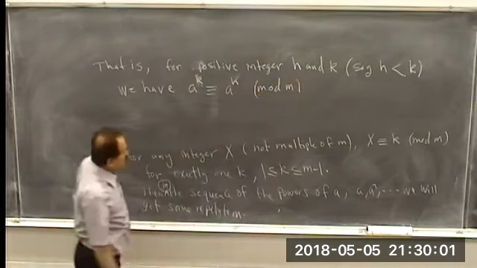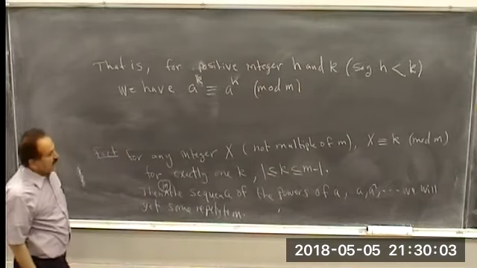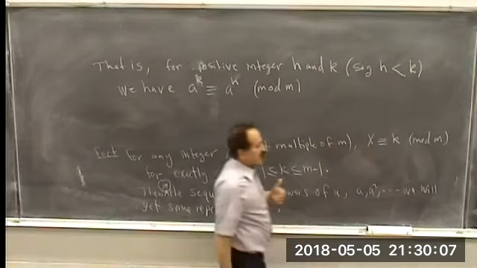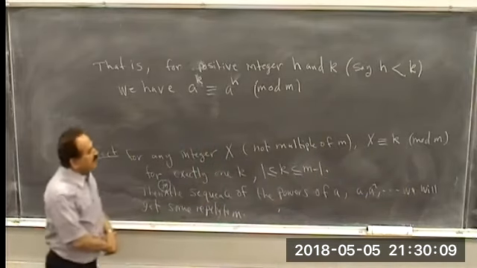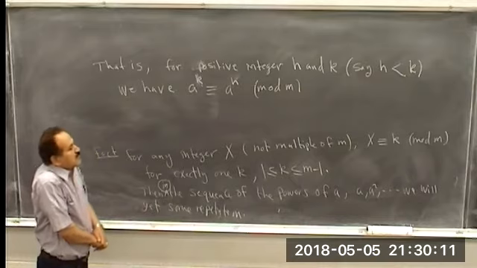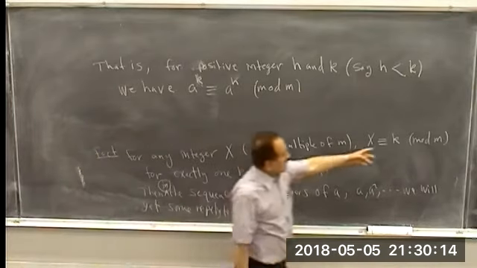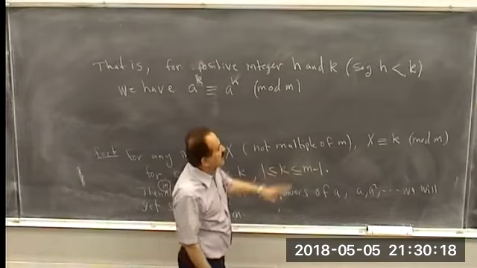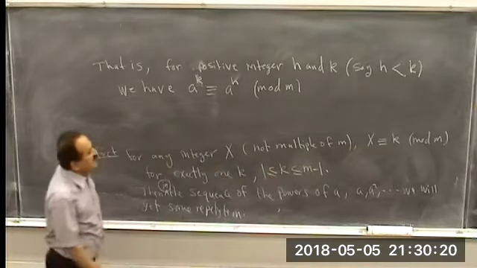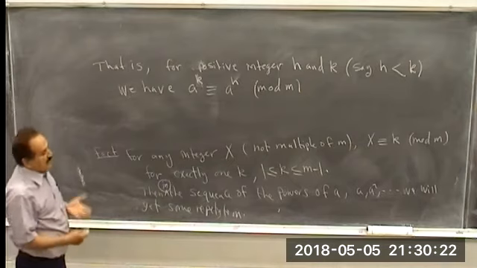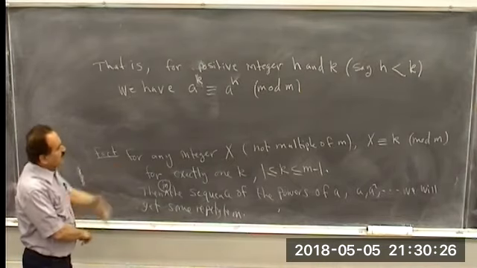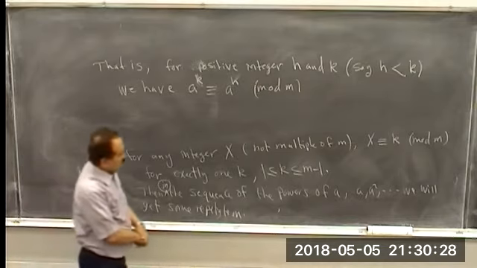The reason for this is that this sequence cannot be infinite, because each one of these numbers is going to be congruent to some k, and k is between 1 and m minus 1. So there are at most m minus 1 possibilities.